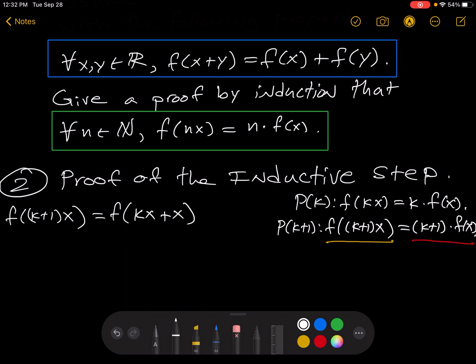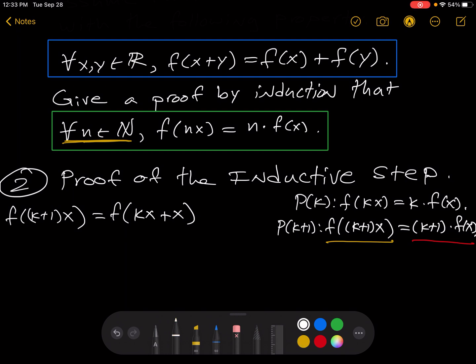Okay, now because of this right here, we know that k is a natural number. We're trying to prove this for all natural numbers. Now, because all natural numbers are real numbers, this property in blue works for kx and x.